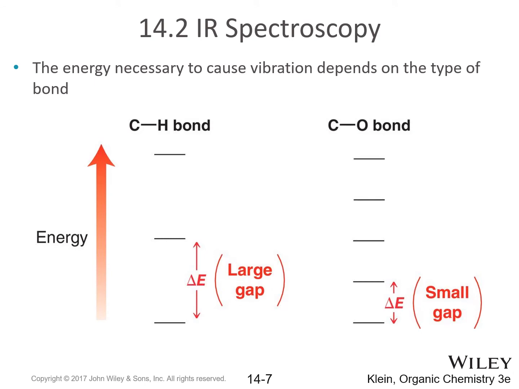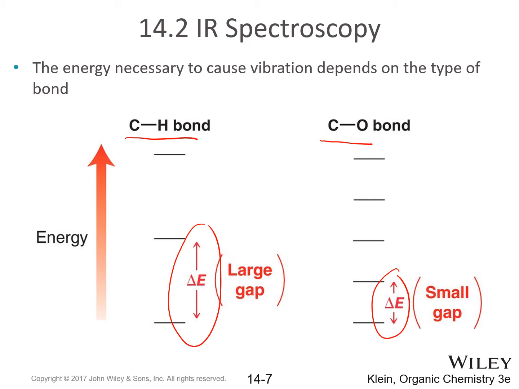All right, so all this slide is telling you is that different bonds require a different amount of energy to cause the vibration. So a carbon-hydrogen bond requires a larger amount of energy than a carbon-oxygen bond for a particular vibration.